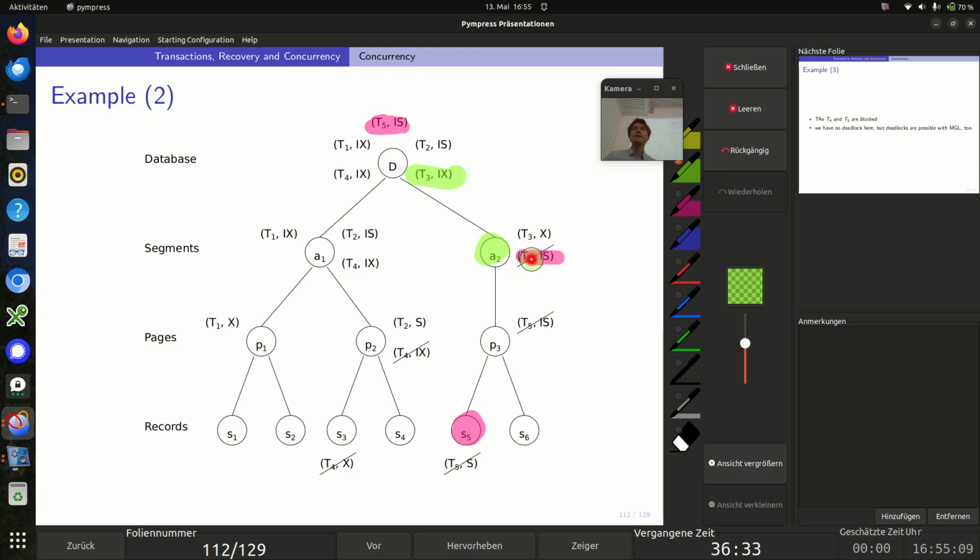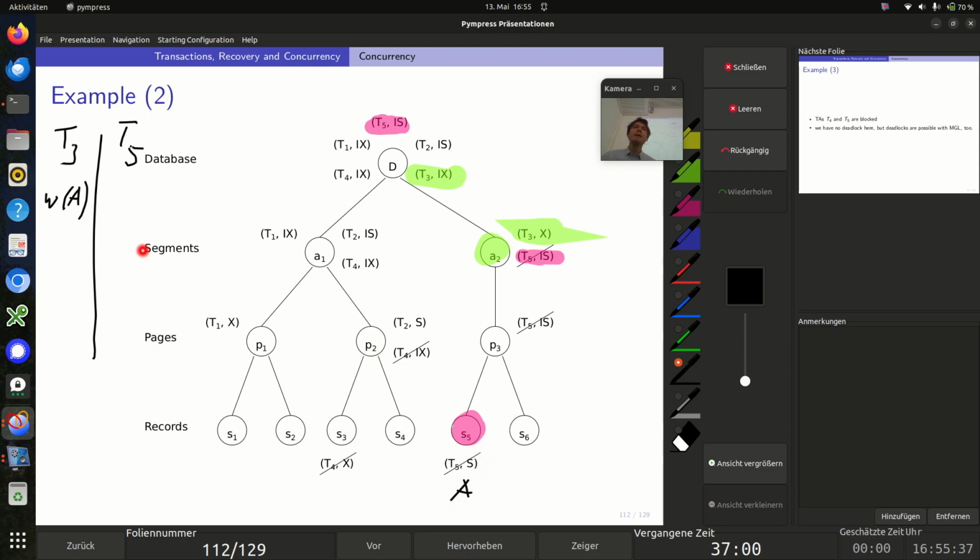T5, so currently there's T3. T3 is writing something here on this segment. So actually this would look to a schedule like we have T3 and T5. T3 would say, okay, we have a write on A, and A would be located here, for example.